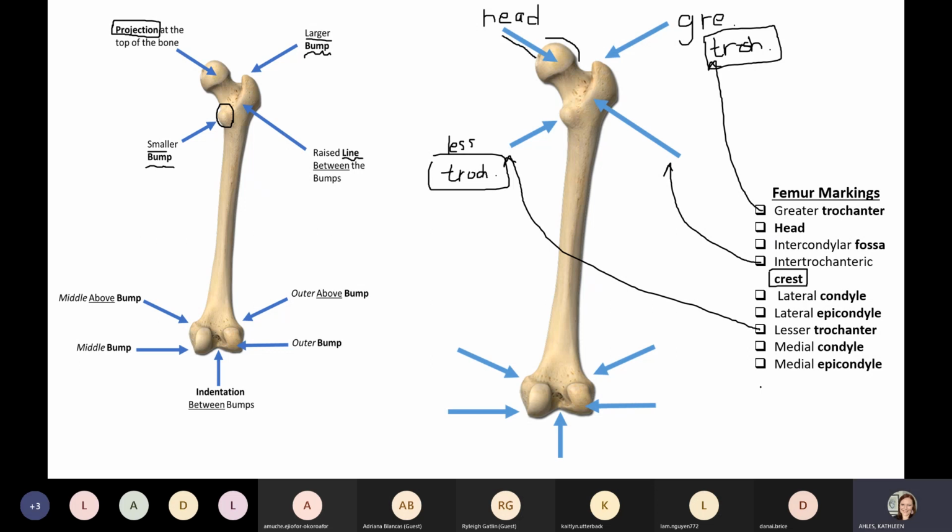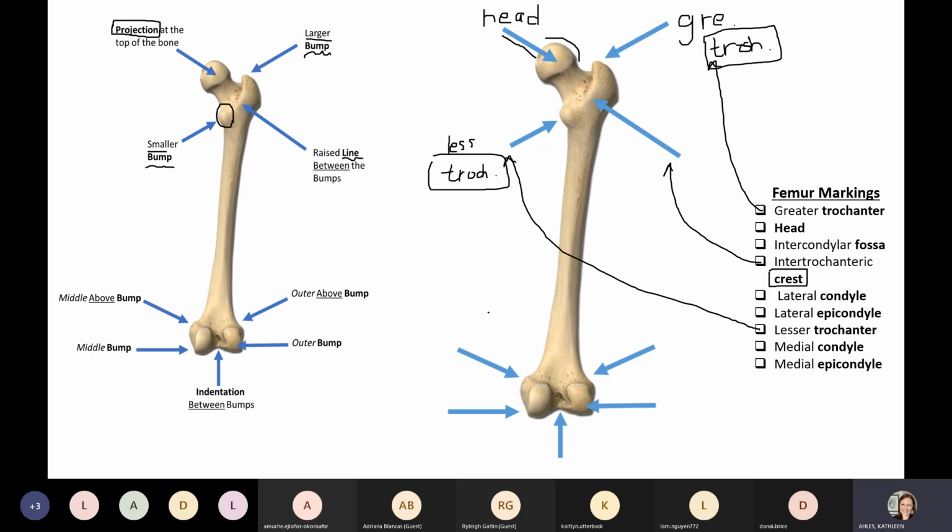A crest is a line. When we go to the bottom part of the femur, let's start here with these bumps. So these bumps that we see down here are called condyles. When I talk about the femur, it has lateral and medial condyles.